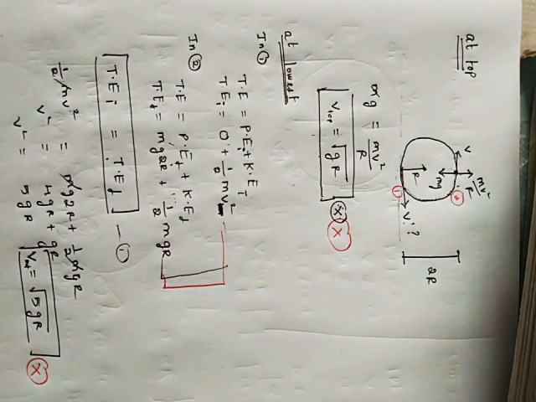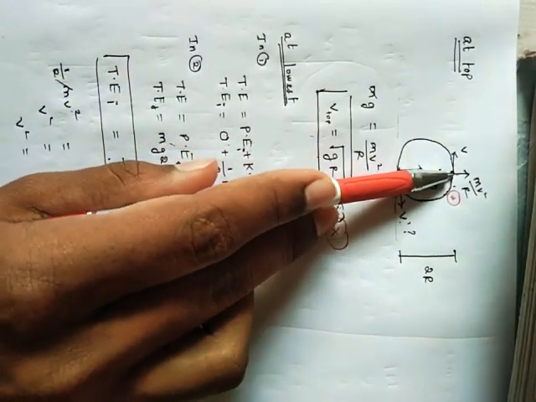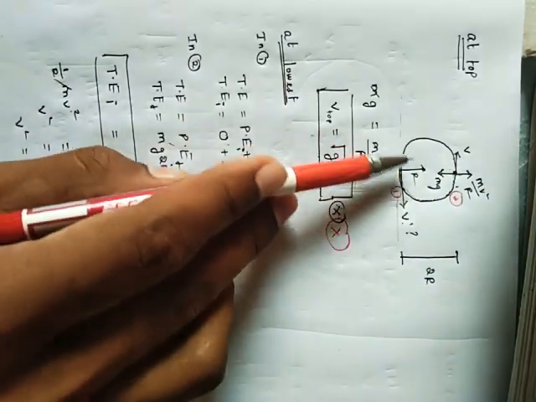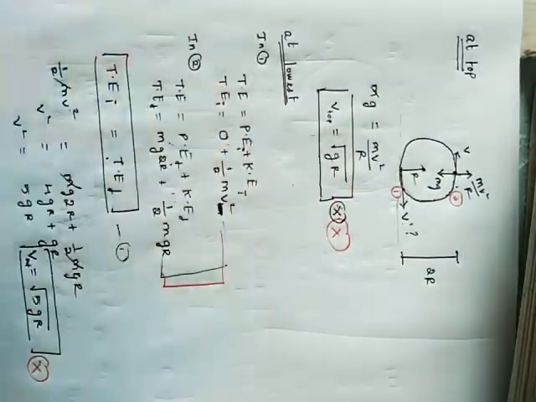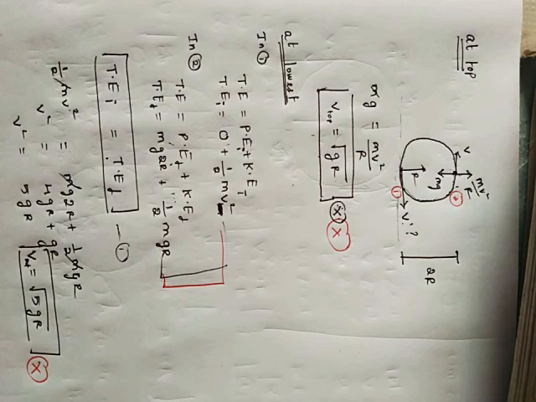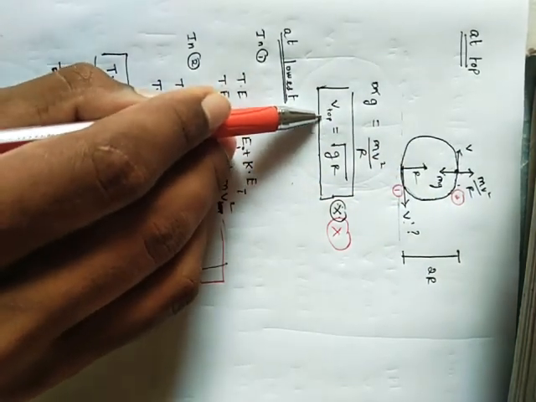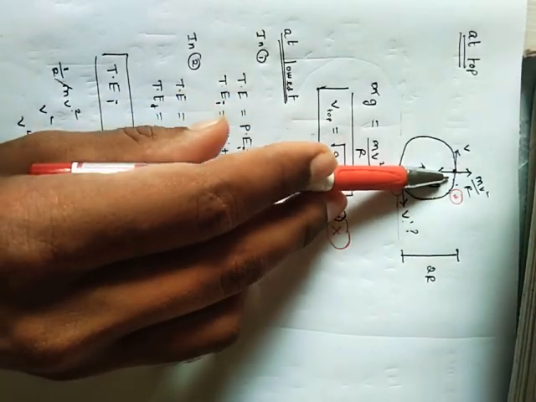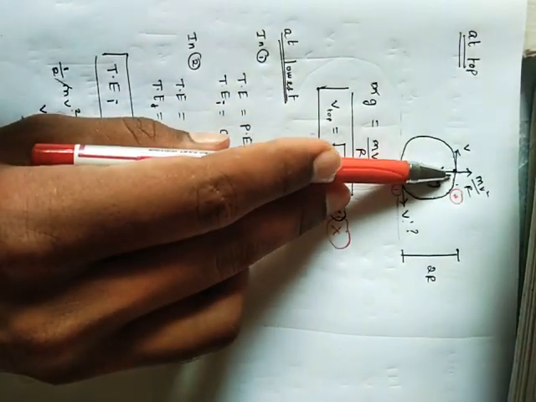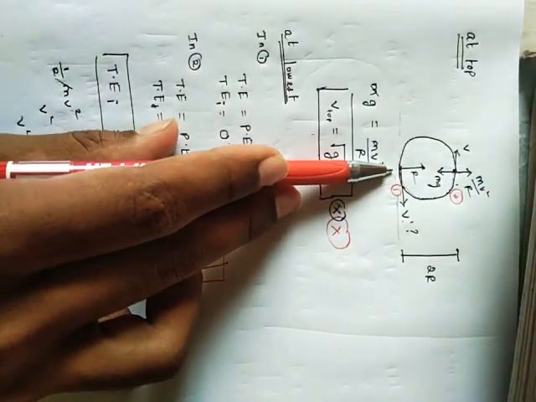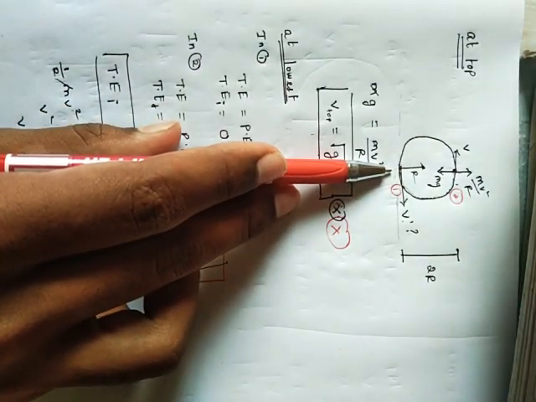You just want to know what is the velocity at this point and what is the velocity at this point to complete its circle, or to complete its vertical circular motion. So at this point the minimum velocity I should provide to this object is root gr, and at this point it is root 5gr. You got it right?